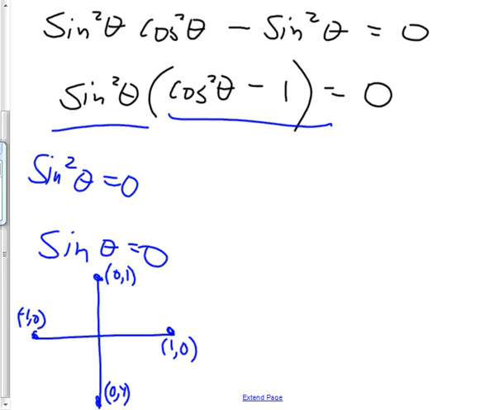Okay, so which of those have a sine, which is a y value, of 0? The y value is 0. There and there. And if the problem said in degrees, you could say 0 and 180. If the problem had asked for radians, you'd say 0 and pi.